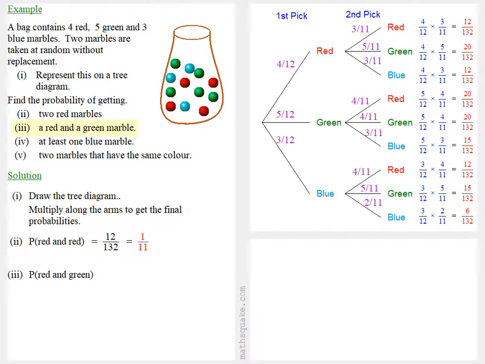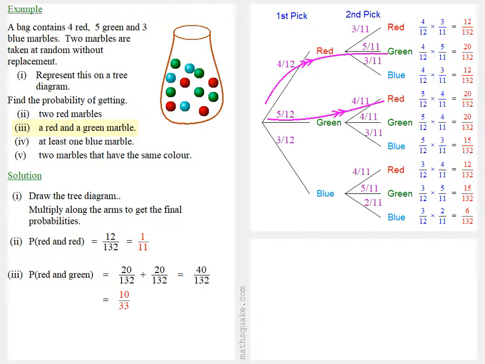Well, to get a red and a green marble, we can get a red and then a green, or we can get a green and then a red. Now that gives us 20 over 132 plus 20 over 132, which is 40 over 132, which cancels down to 10 over 33.